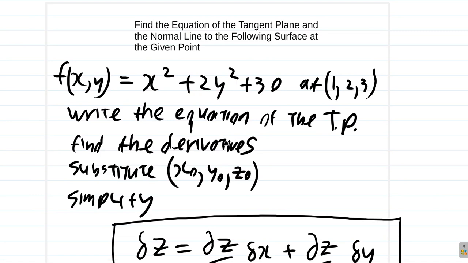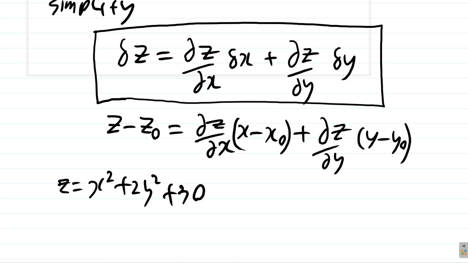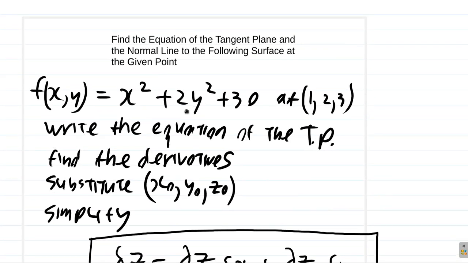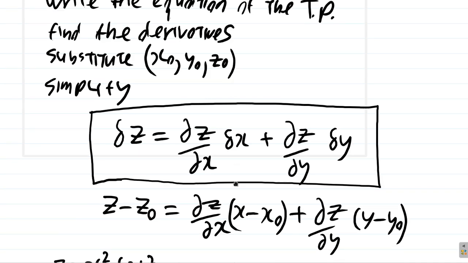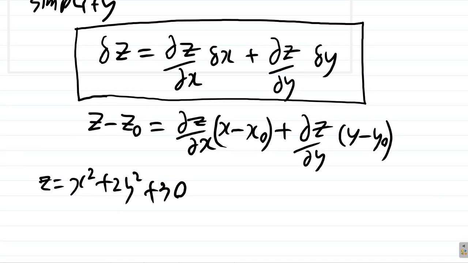Now, what is z? Well, z is all of this, right? You can say that z is equal to x squared plus 2y squared plus 30, because z is a function of x and y. Now, find the derivatives. What is delta z by delta x?